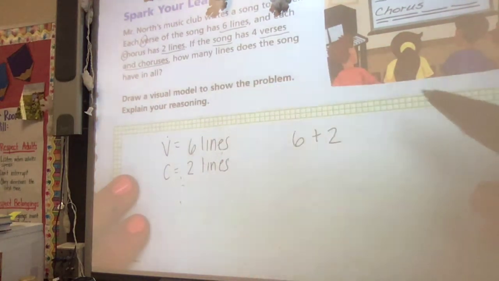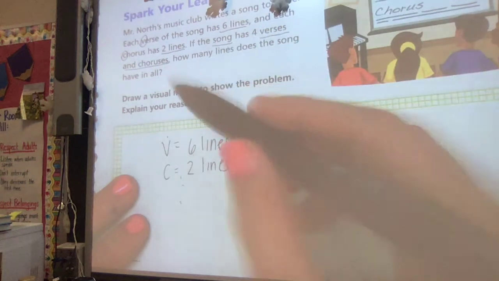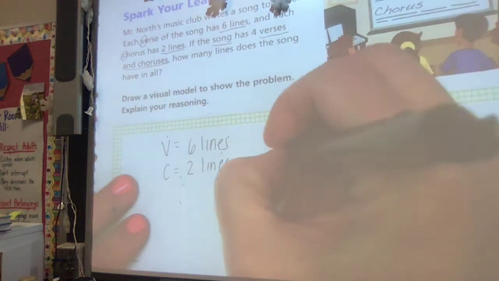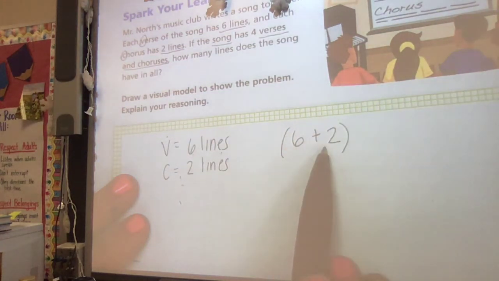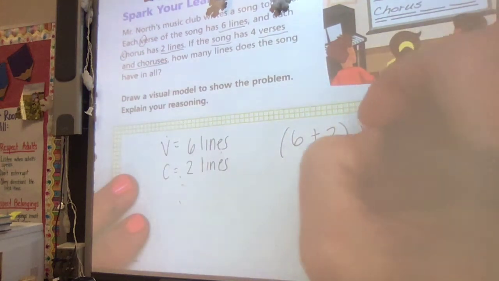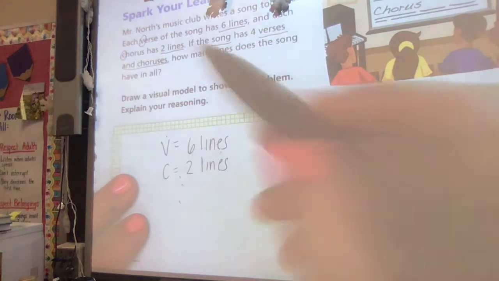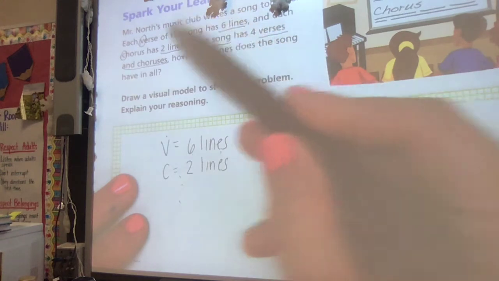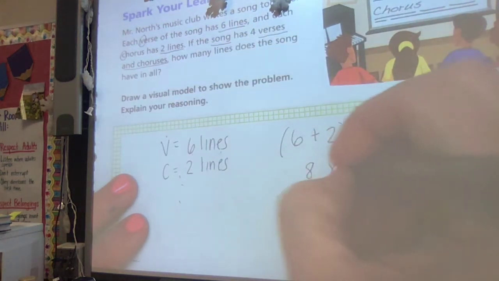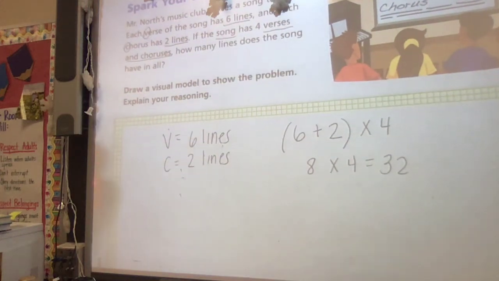And I know that if the song has 4 verses and choruses, how many lines? So if each verse is 6 and each chorus is 2 and the song has 4 verses and choruses, I'm going to multiply that by 4. So I know that there's 8 lines in the verse and the chorus, and then I'm doing that 4 times, so that gives me 32. That's not the only way you could have written that expression.